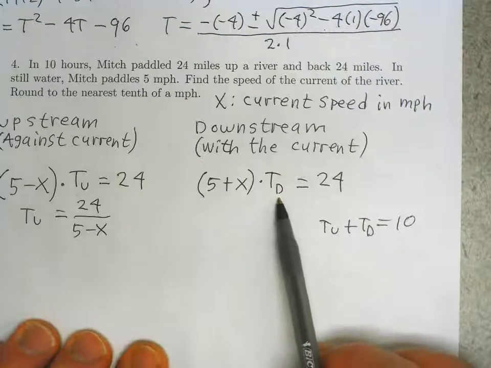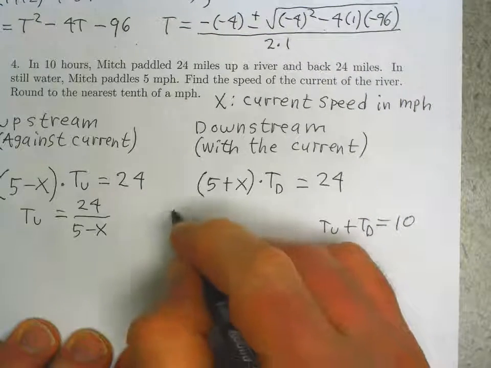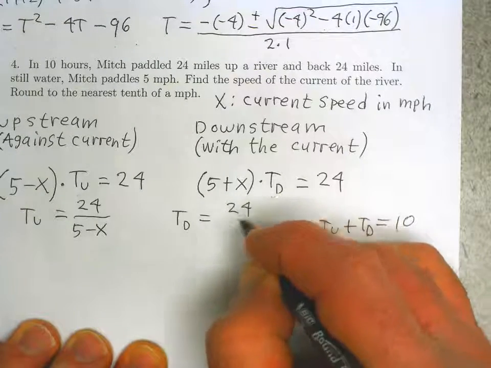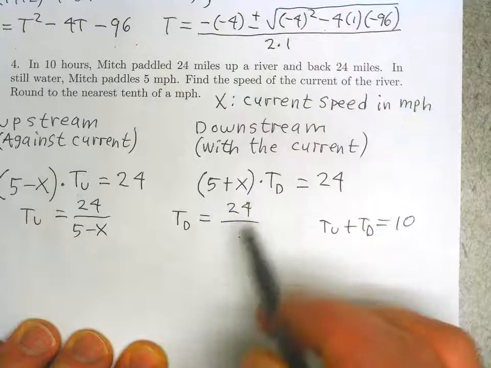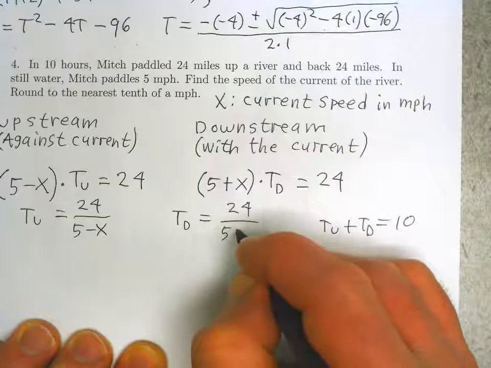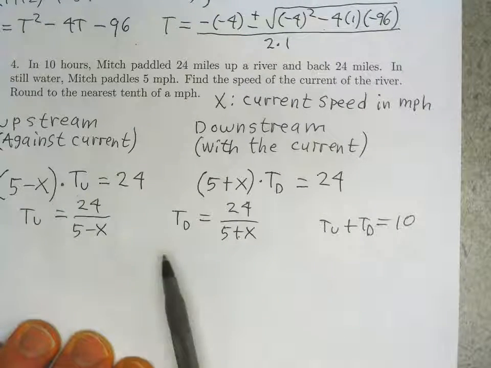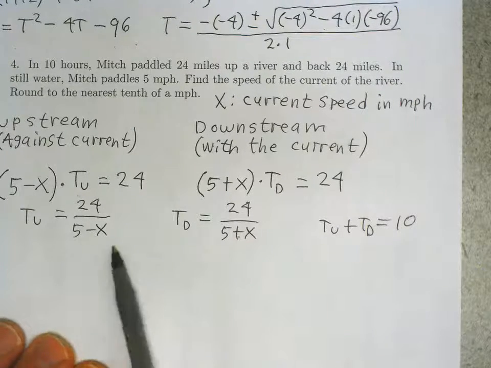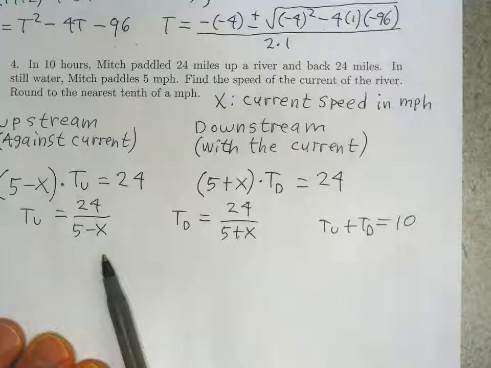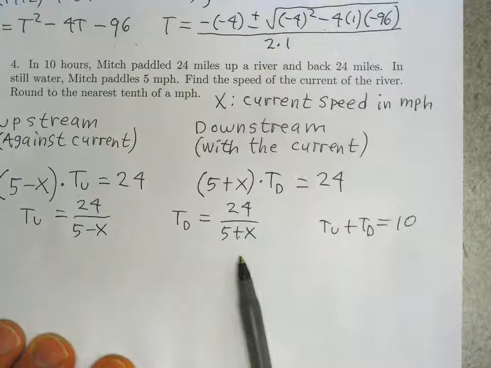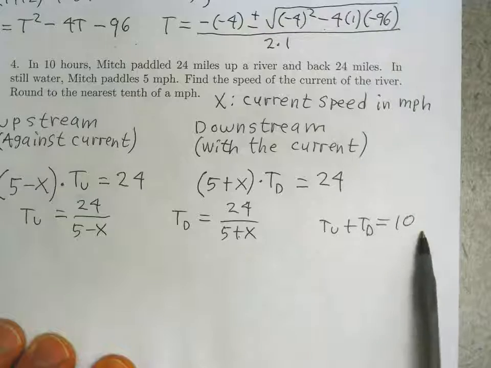Solve the other equation for time: the amount of time it takes him to paddle 24 miles downstream is distance divided by rate, 24 divided by 5 plus x. And then 24 over 5 minus x, plus 24 over 5 plus x, adds up to 10.